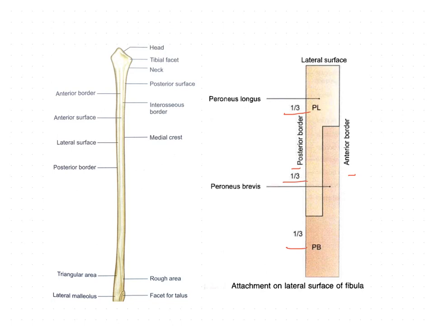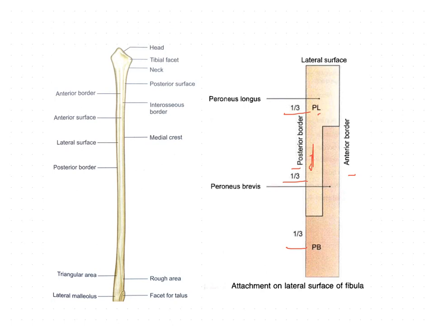The peroneus longus originates from the entire upper 1/3 and the posterior half of the middle 1/3.